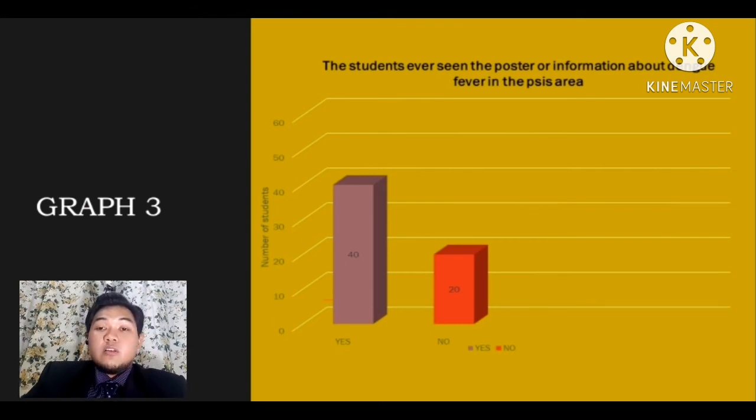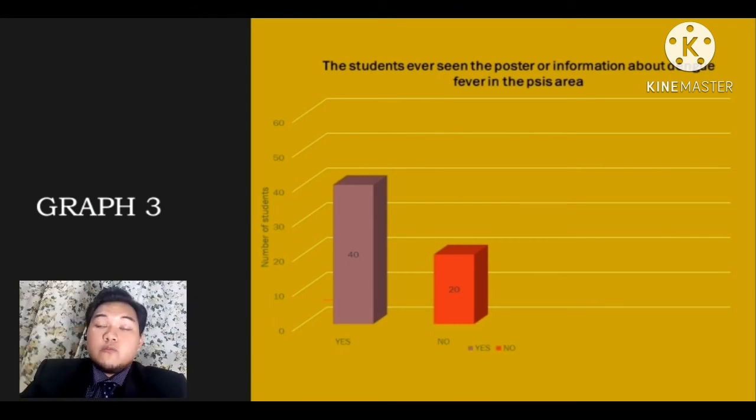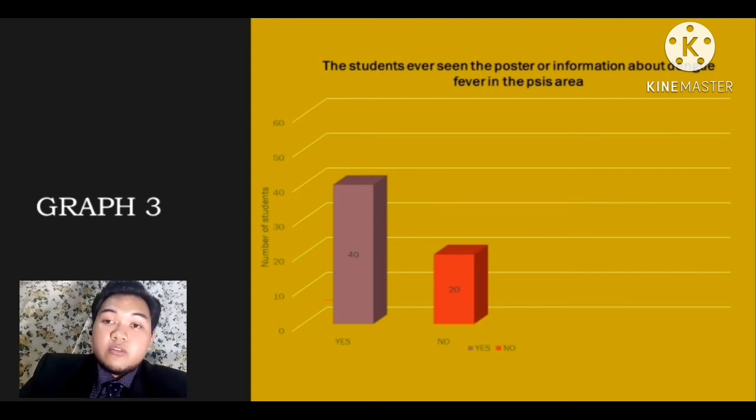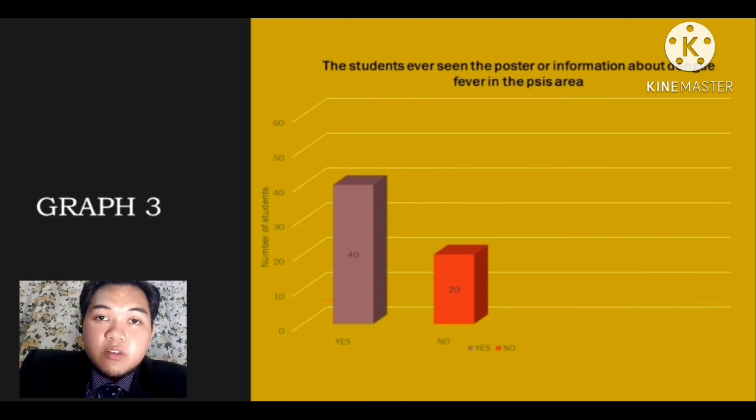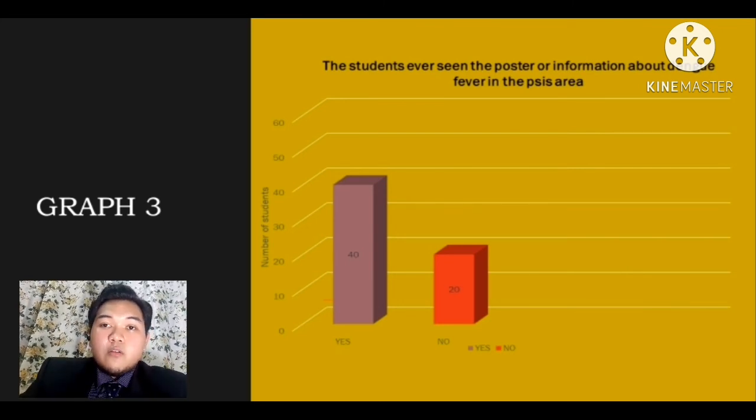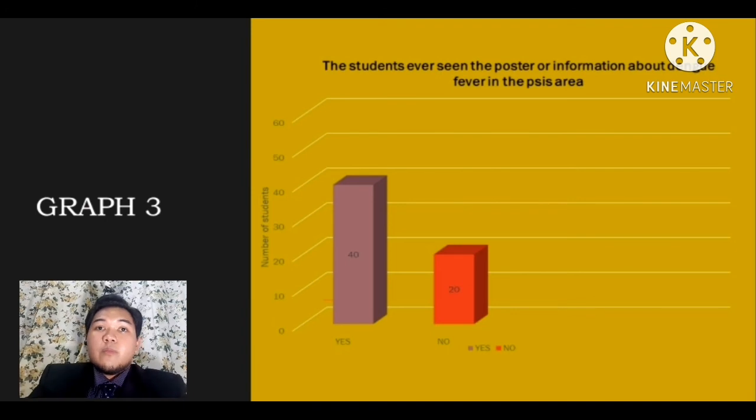The first comparison is yes versus no. The number of students who voted for yes was significantly higher compared to those who voted for no. It can be seen clearly 40 students have chosen yes and only 20 students have chosen no.